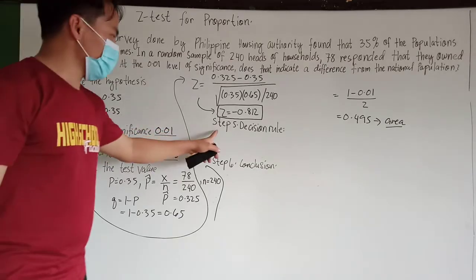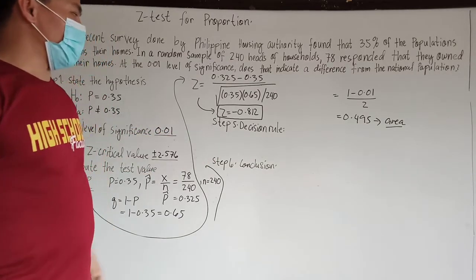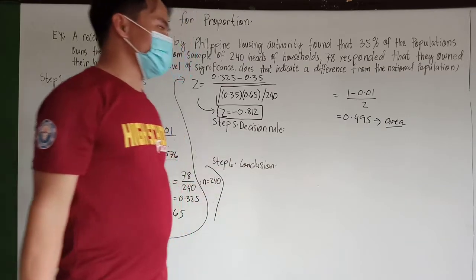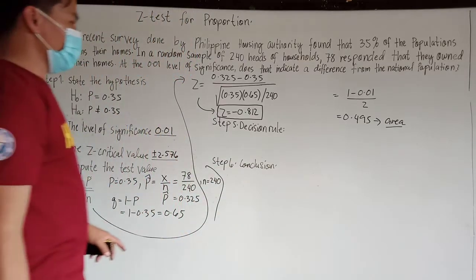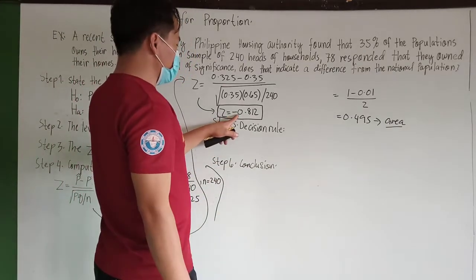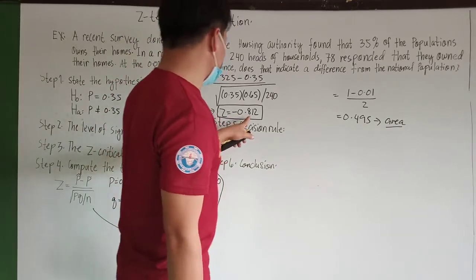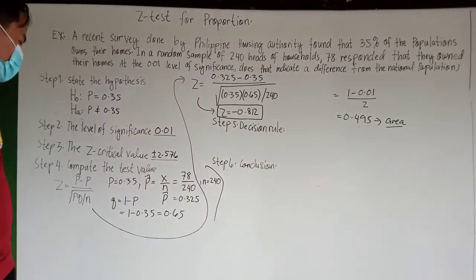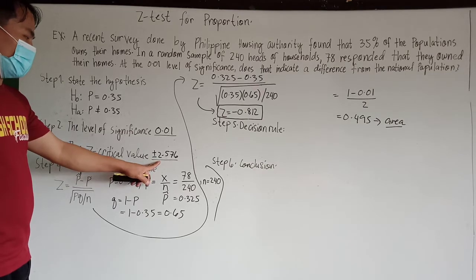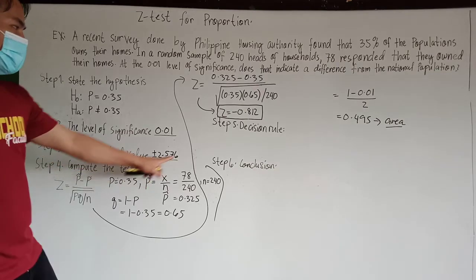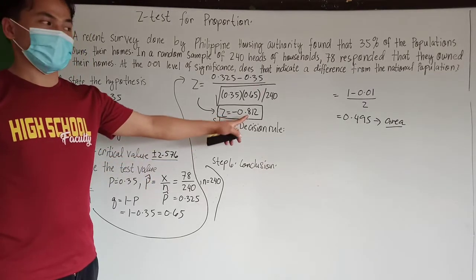At this moment, we can now proceed to step number 5. This is now the time for the decision rule. So remember, negative 0.812 is greater than our critical region from the left, which is negative 2.576, and this one is greater than that value on the left hand side.